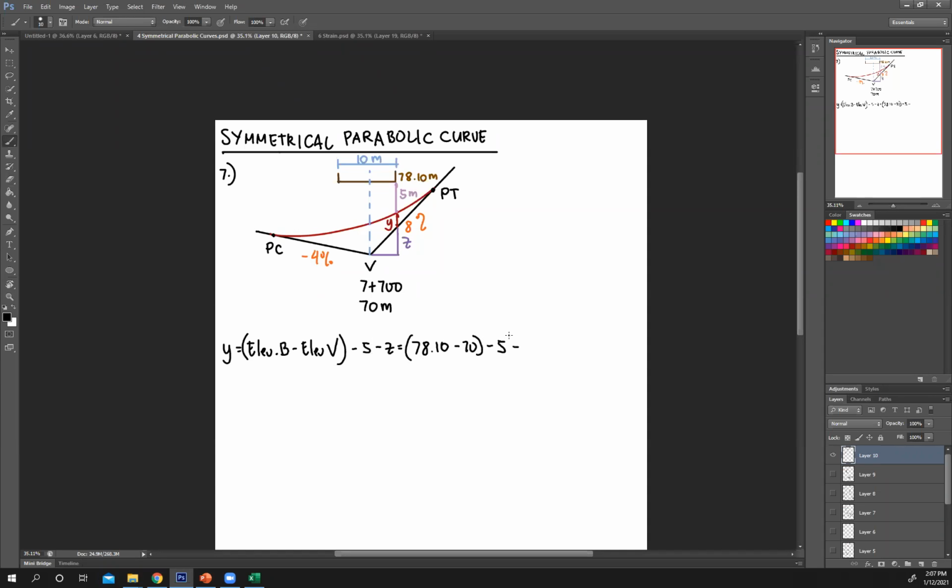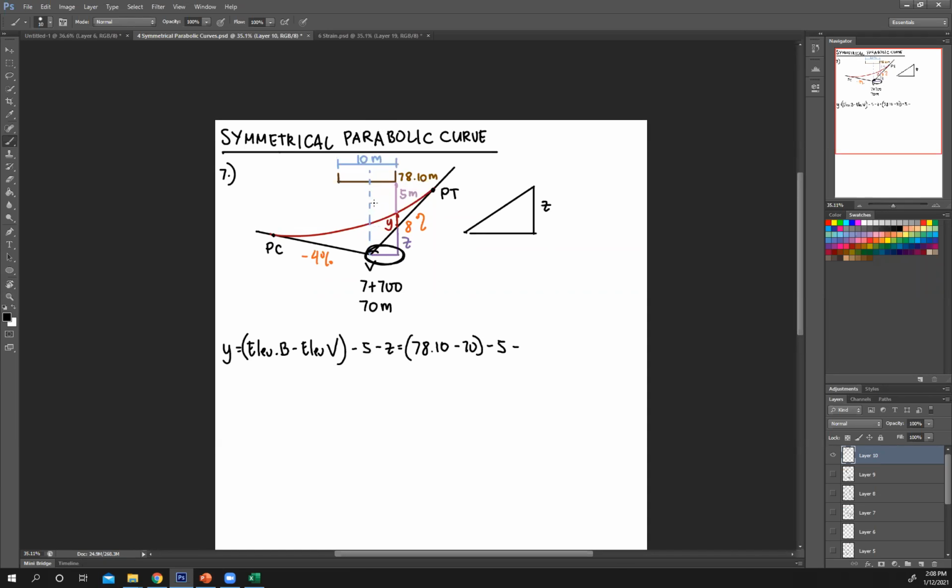How do we get z? Again, this is just using your grade. Grade is equal to rise over run. This is your z, and this run is this length. Remember, this bridge's center line is directly above v, and your bridge has a width of 10 meters.